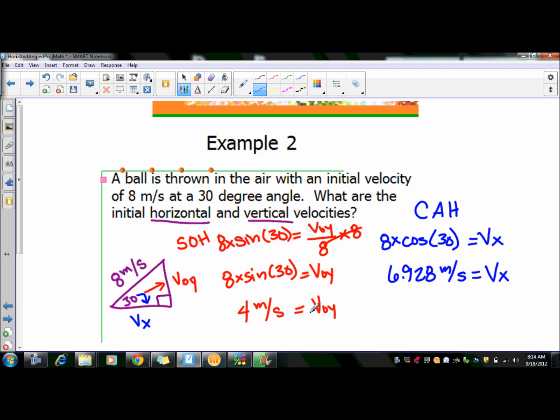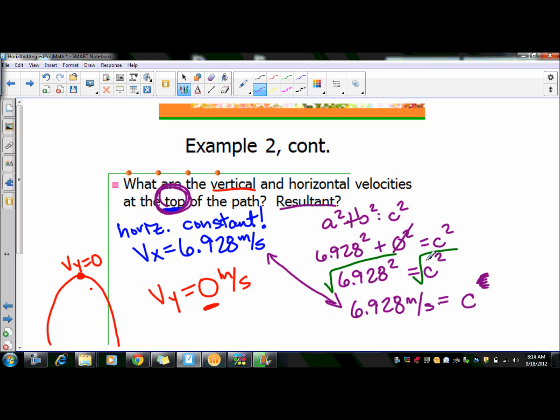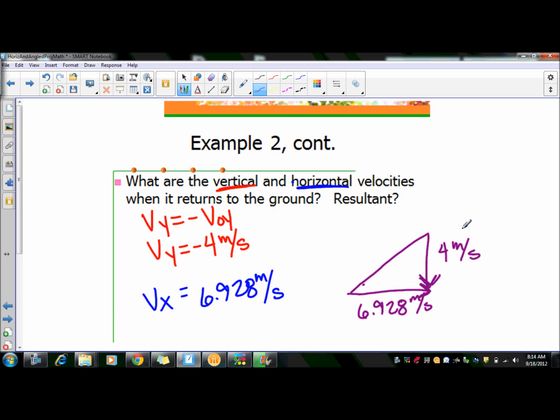The vertical was 4. The horizontal was 6.928. You can plug this into Pythagorean theorem to find this side, and what you're going to notice is that it is the same as the very initial. So the final equals the negative of the initial. So this would be negative 8. So it would be going in this direction.